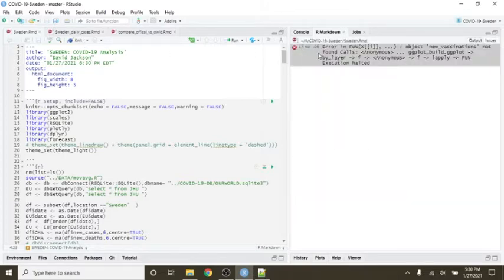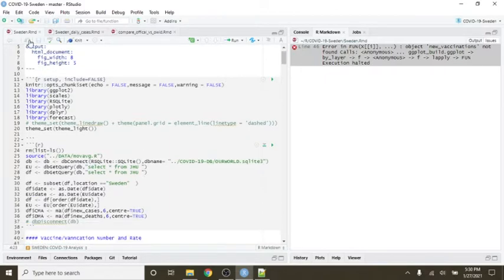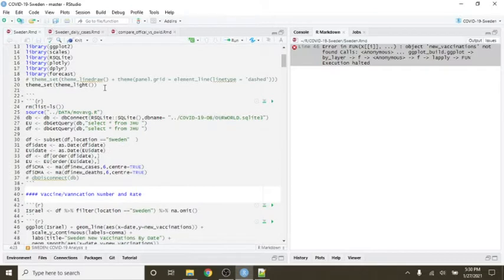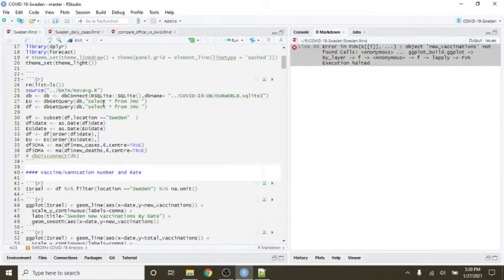Oh, new vaccinations not found. New vaccinations is not found. Let's think about this for a moment.